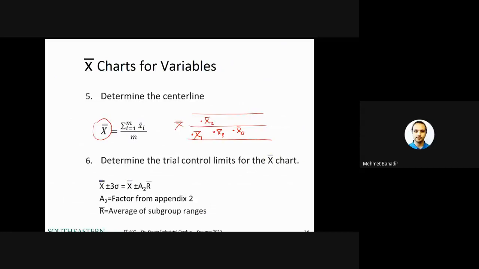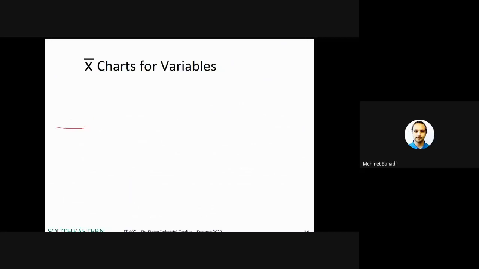Those are not individual readings. These are not individual observations. They represent subgroup averages, and the center line represents the average of averages. So the X double bar is calculated from X bars. This is basically what this formula says.